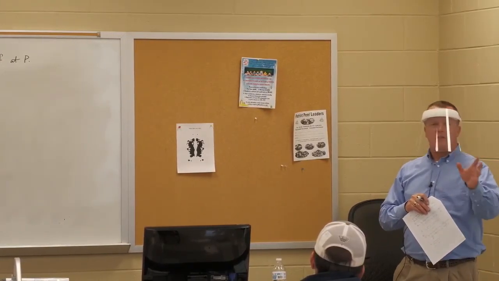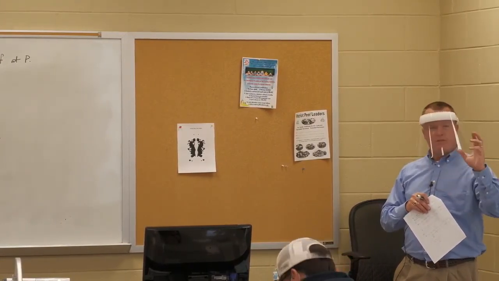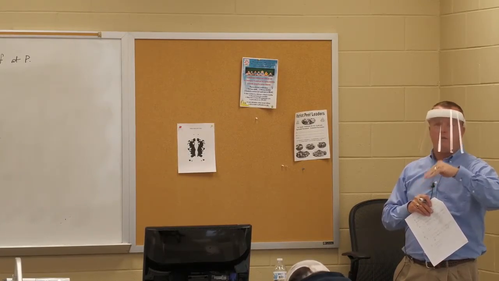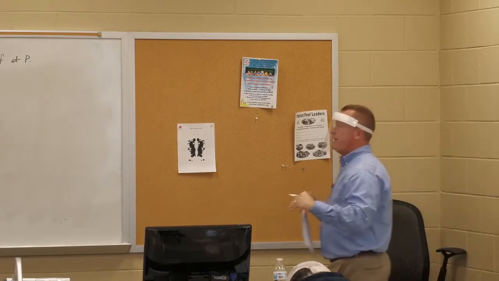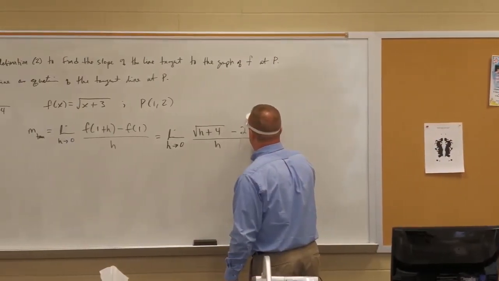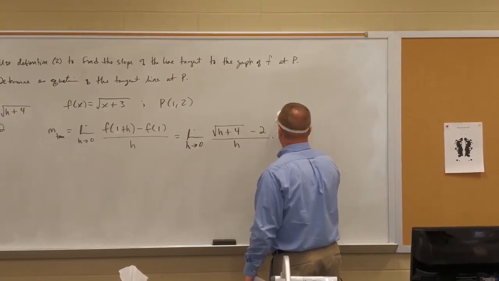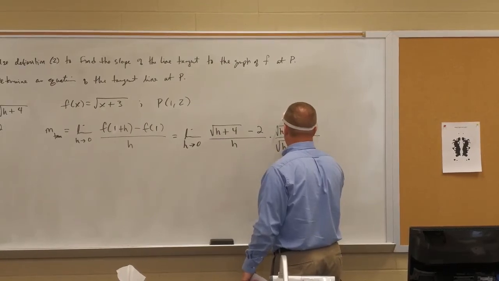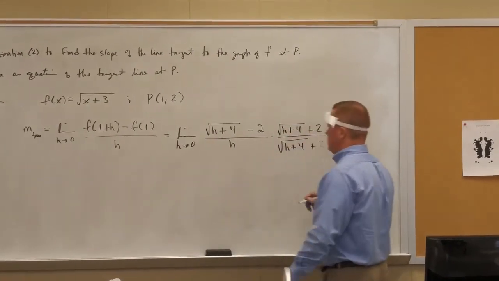Okay, that's it. The conjugate. All right. And remember, with a fraction, you do the same thing to the top and the bottom. That's what gives you an equivalent fraction. So multiply the top and bottom by its conjugate, whatever's got the square root in it. So times square root of h plus 4 plus 2 over square root of h plus 4 plus 2.